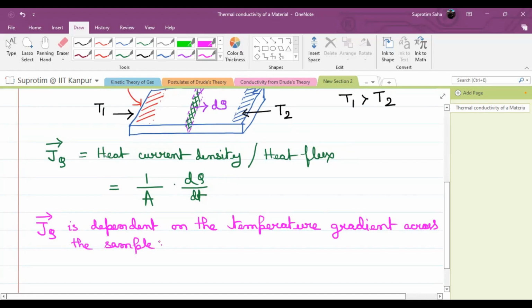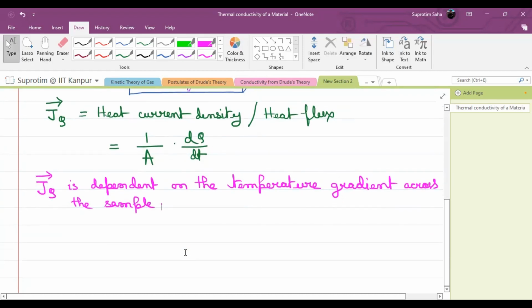This is simple because for transfer of energy, you need to have a temperature difference. This transfer of energy is only because of the difference in temperature that the sample possesses at its two ends. So it is natural to think that the heat energy transferred will be dependent on the temperature gradient.